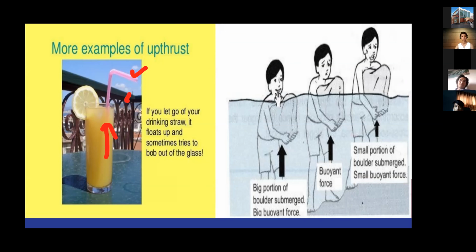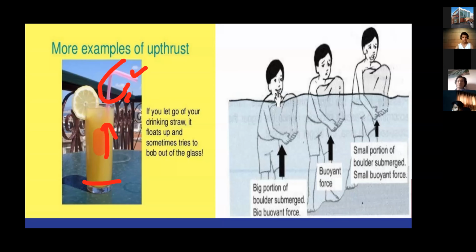The straw doesn't go completely to settle at the bottom of the glass. When you just hold the straw, you can experience that something pushes the straw a little up, and that is the force given by the juice, or drink or liquid, to the straw, and that force is also the upthrust.